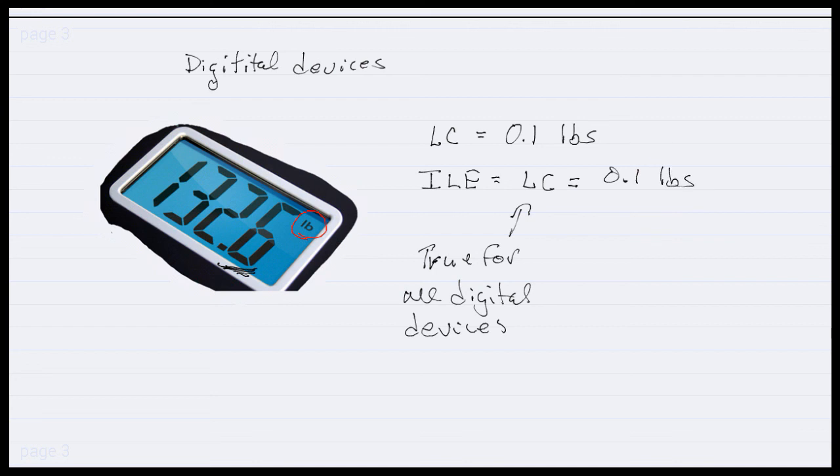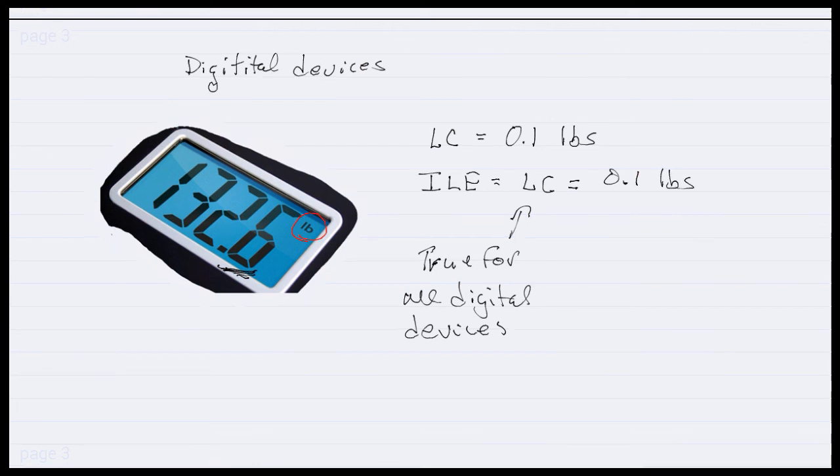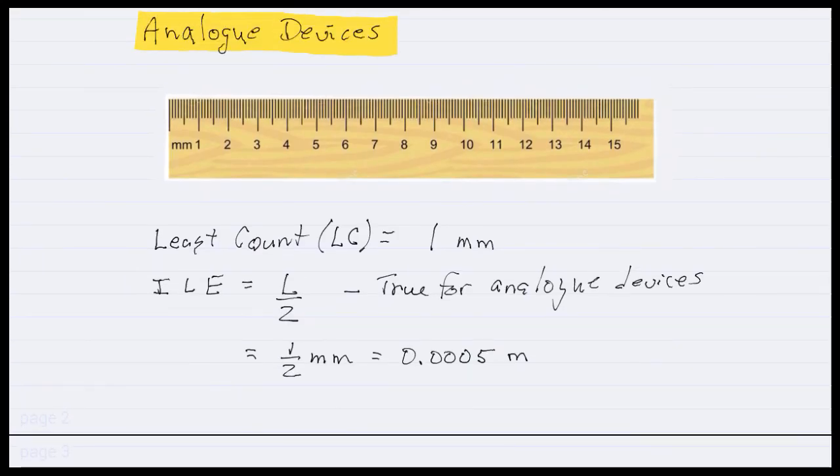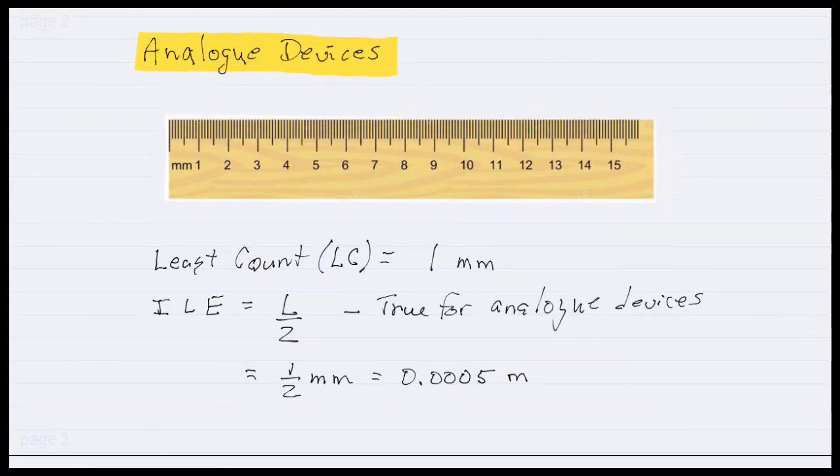Okay, the reason why it's different is, actually maybe a better way of seeing this is going back to our ruler. So when we take a measurement with a ruler, I've chosen a really small increment here for this ruler, you can actually make an estimate somewhere between the two successive millimeter marks, which is why we take the ILE to be 1/2 millimeter.